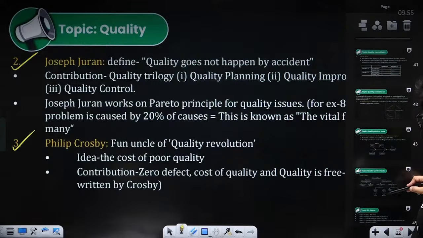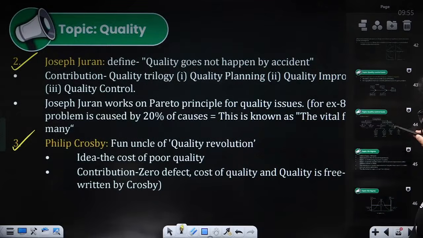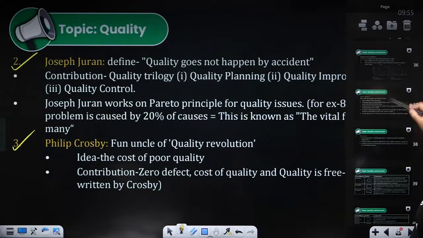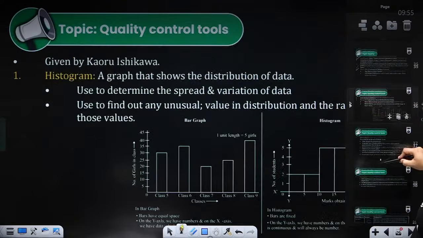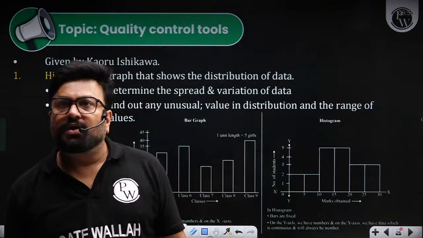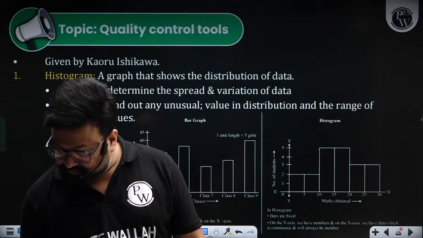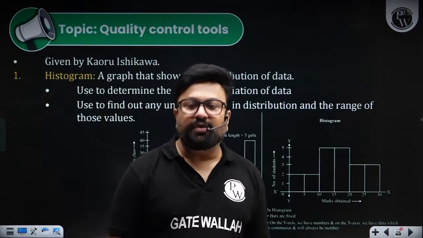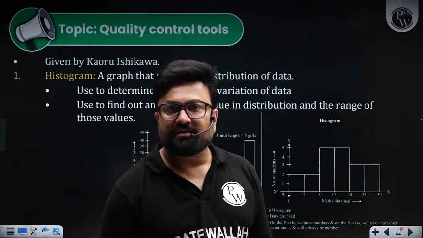Now I will come to quality control tools. By using quality control tools, we are monitoring the quality level. What is a quality control tool?